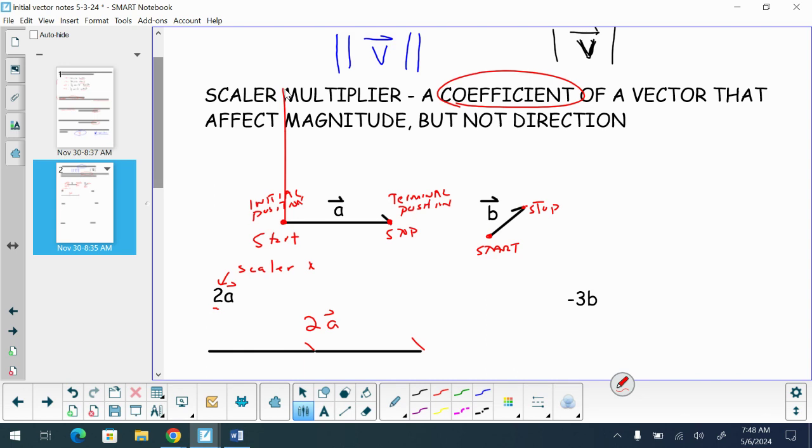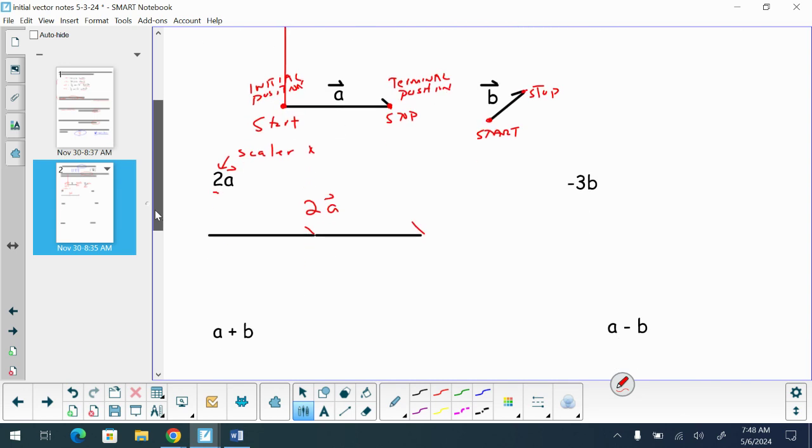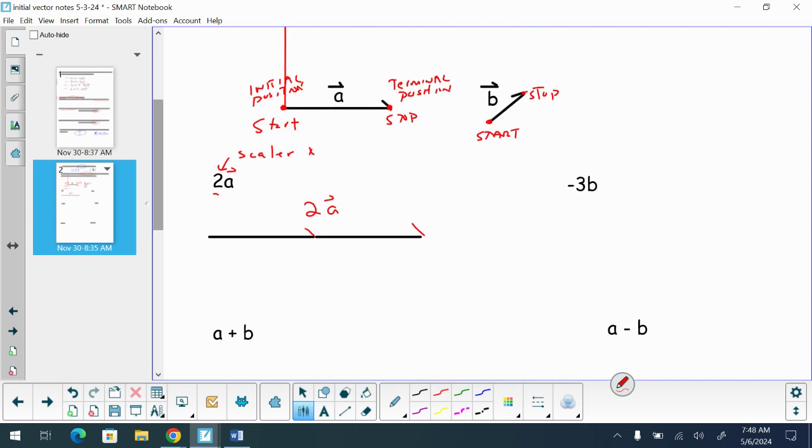A starts here, ends here. So we want to go that specific length in that specific direction. As I talked about on Friday, you should not be freehanding these.